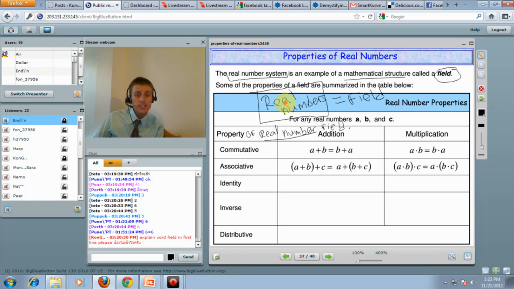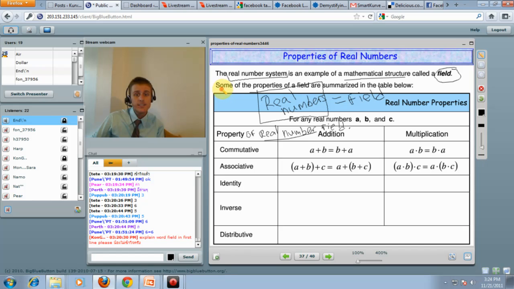Everything is considered a real number, and a field is just a term that was given to that. The general grouping of real numbers is termed a field.